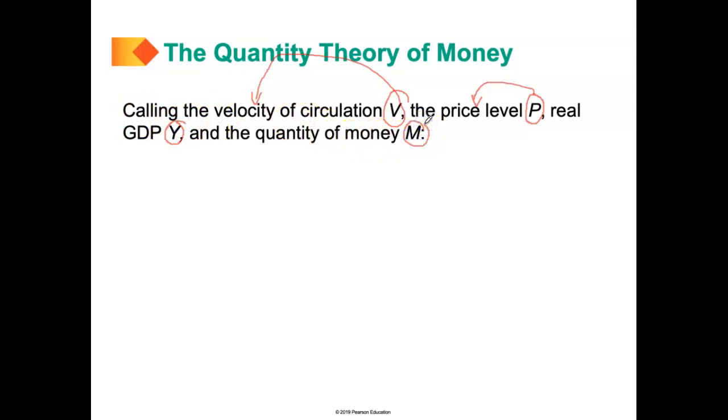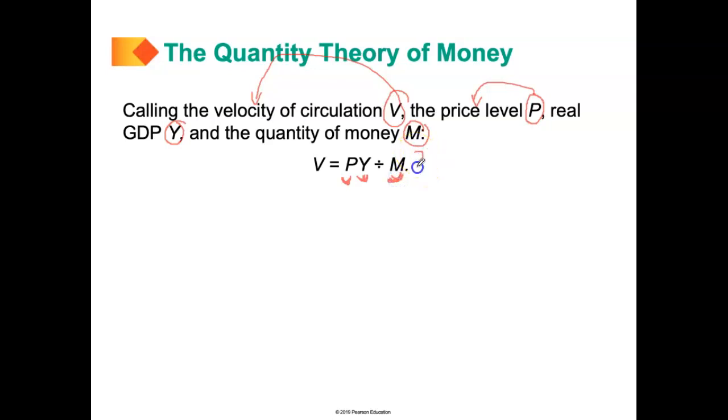So from there, economists came up with the equation that the velocity of money, how many times an average dollar bill moves around the economy, depends on the price level times real GDP divided by the money supply.